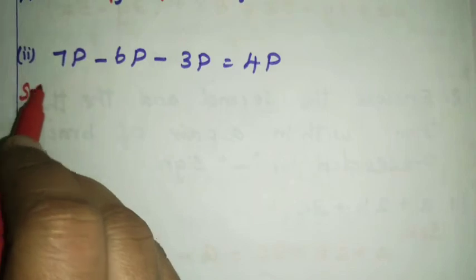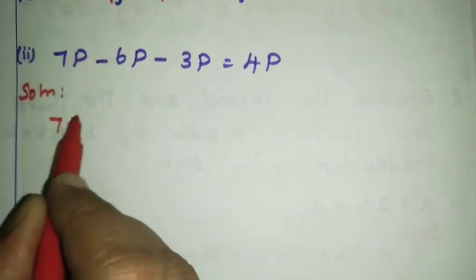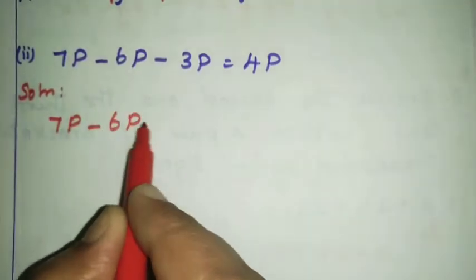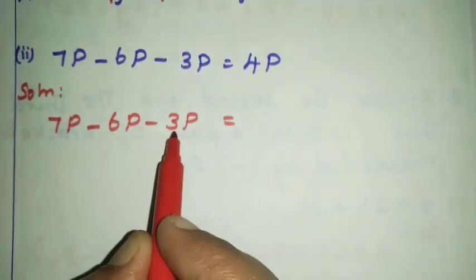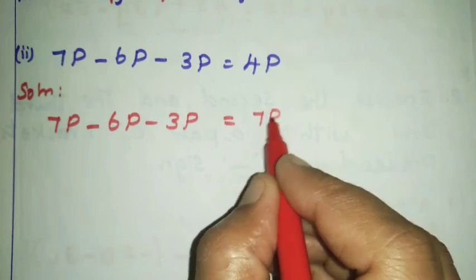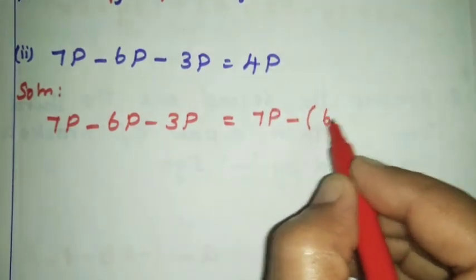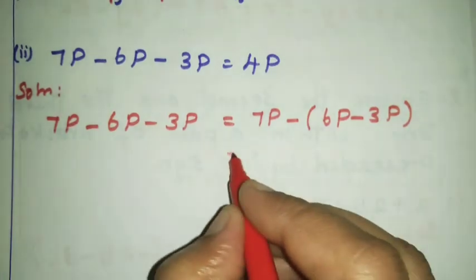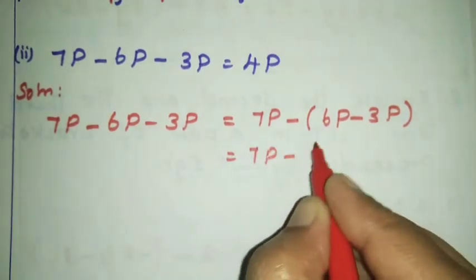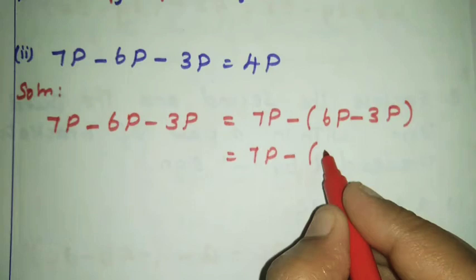So first of all write the question. That is 7p minus 6p minus 3p, which is equal to, here enclose second and third term. That is 7p minus of 6p minus 3p, which is equal to 7p minus of 6 minus 3 is 3p.